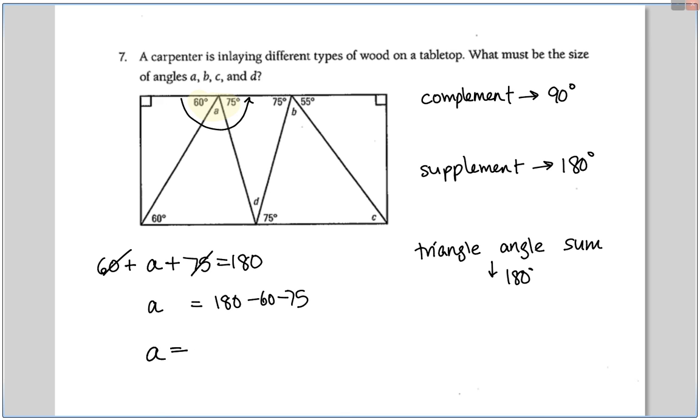And A will be 45 degrees. It's the exact same process for B. So I'll just do that quickly. 180 minus 75 minus 55. So B is 50.